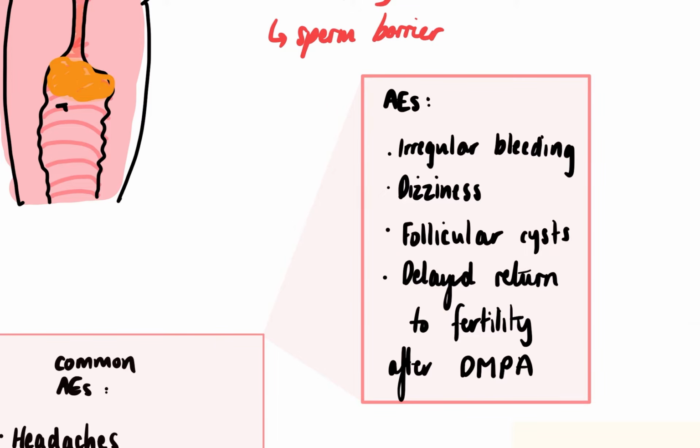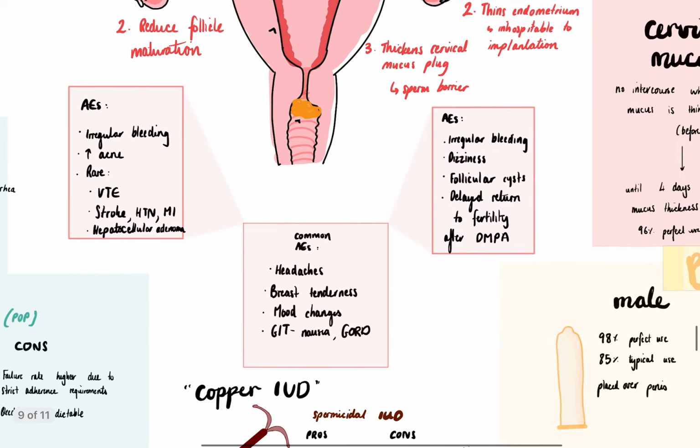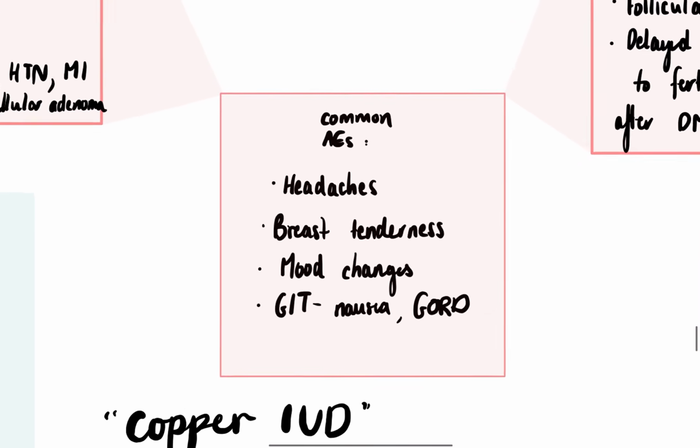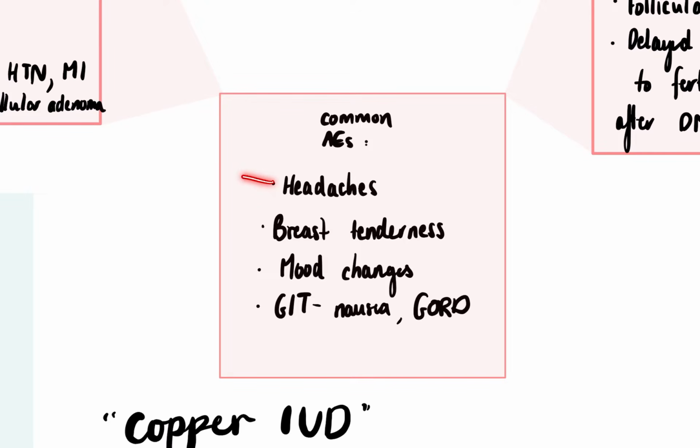So they can cause irregular bleeding, dizziness, follicular cysts, and in one particular form of progesterone, which is an injectable called DMPA, it can cause a delayed return to fertility. Now, both progesterone and estrogen have some side effects in common. So these include headaches, breast tenderness, mood changes, as well as nausea and gastroesophageal reflux.